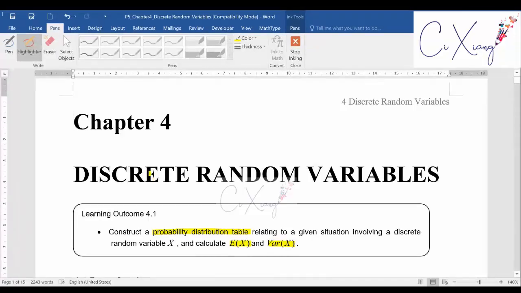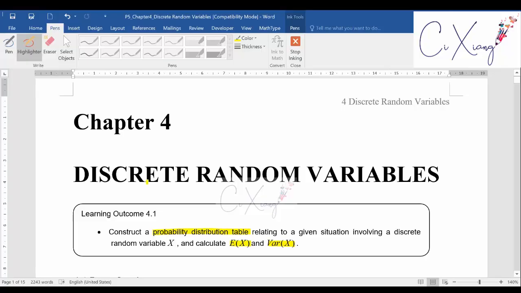you have to make sure that your probability concept is good enough, because it is very closely linked with the probability that we learned in chapter 3. If your chapter 3 is very weak, you might face some problem getting the correct answer.